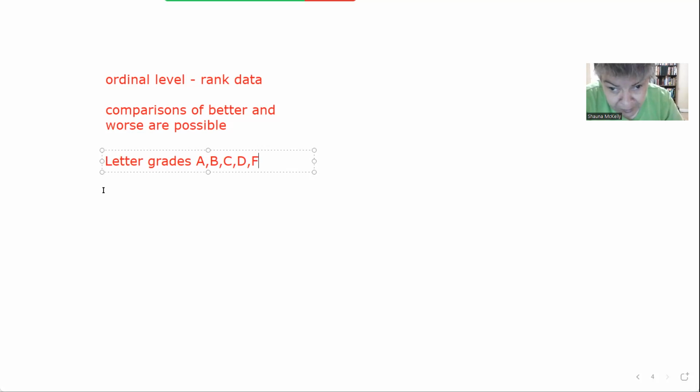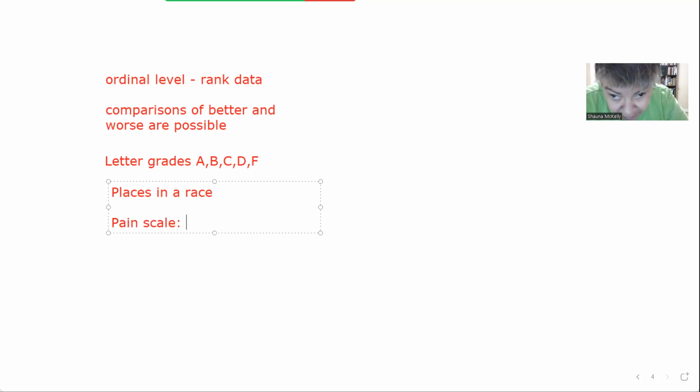So letter grades, places in a race, first, second, third, things like that. Those are ordinal levels. Also things like, for example, a pain scale. You go to the hospital, right?